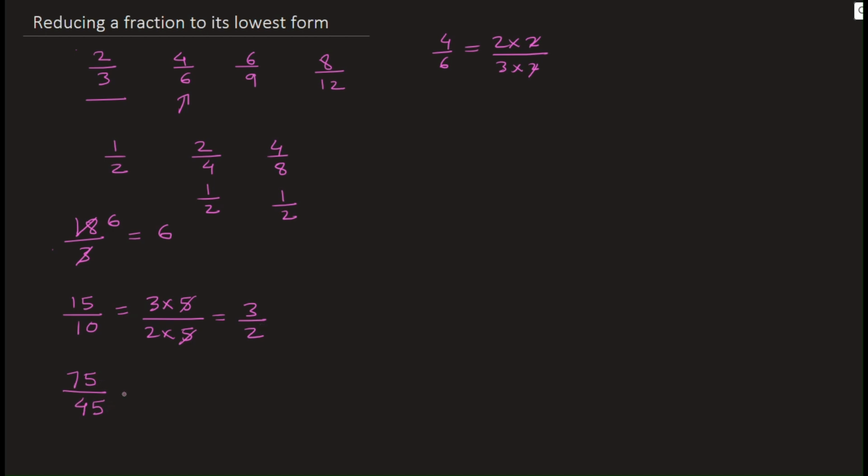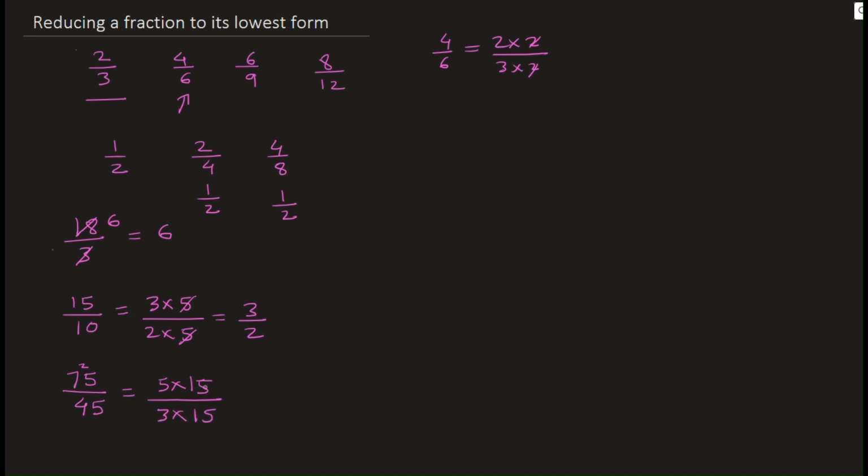Now 75 over 45. 75 is 5 times 15 and 45 is 3 times 15.